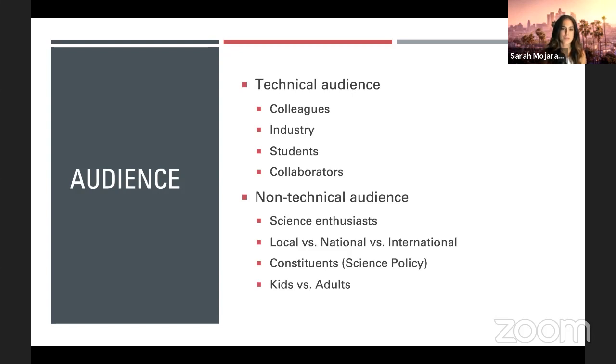There's a big difference between saying that you want to be putting out information for colleagues versus putting out information for kids and adults. So really go through and think about what your goals are, who your audience is, why you want to be contacting them, and why they should care. And thinking about those concepts, you'll really be able to fine-tune your message accordingly.